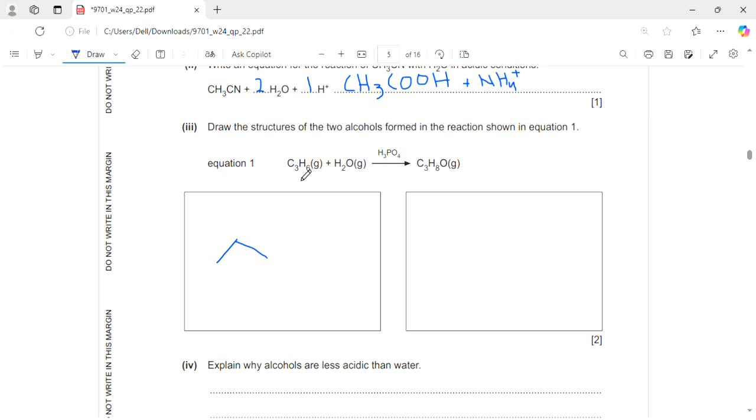So we get 1, 2, 3 carbon, and one is the group of the alcohol like this. Sorry, make it clear. I think I should draw it clearly because it's not difficult to draw this type of diagram.